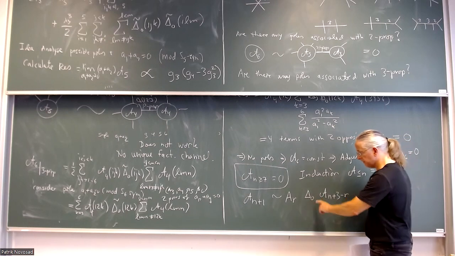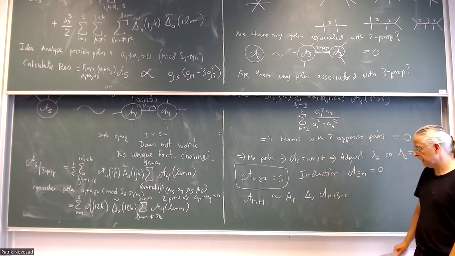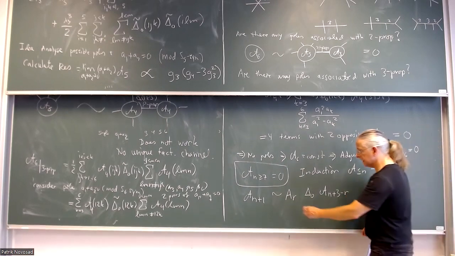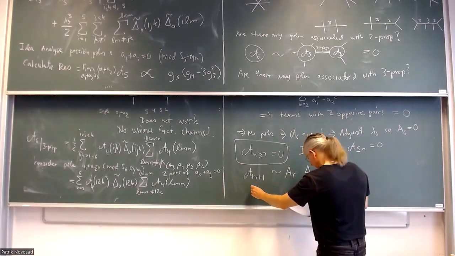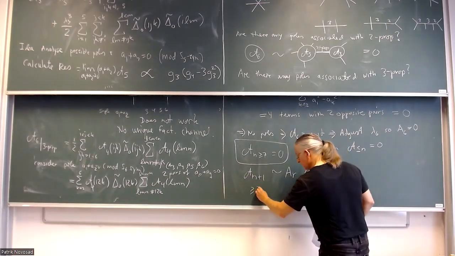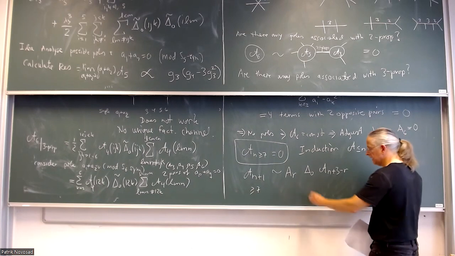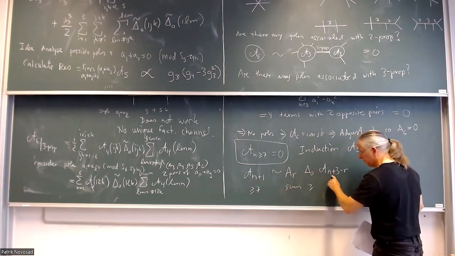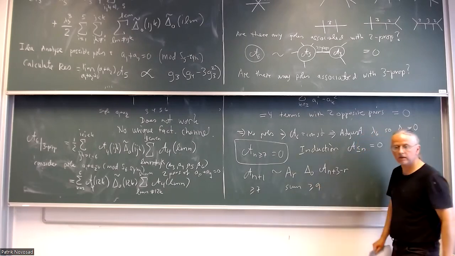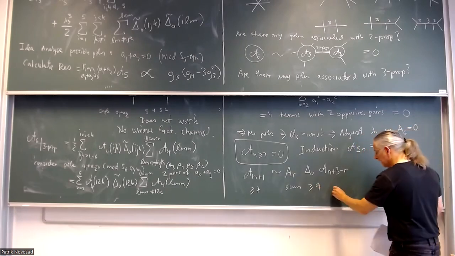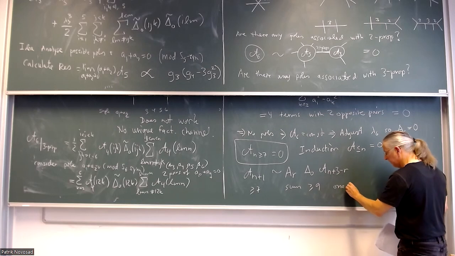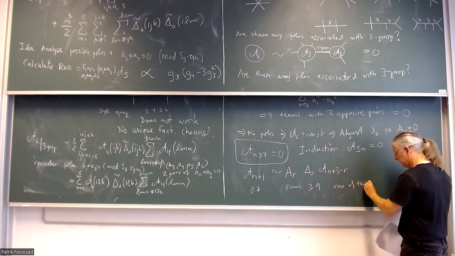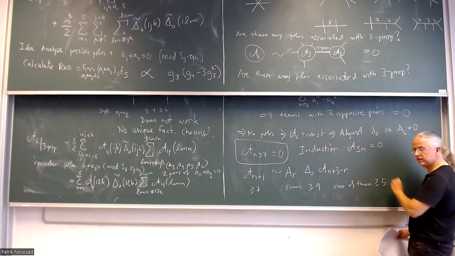So we're using factorization. And then the point is that if this is bigger than 7, then the sum of these two numbers must be bigger than 9. And that means that one of them is bigger than 5.